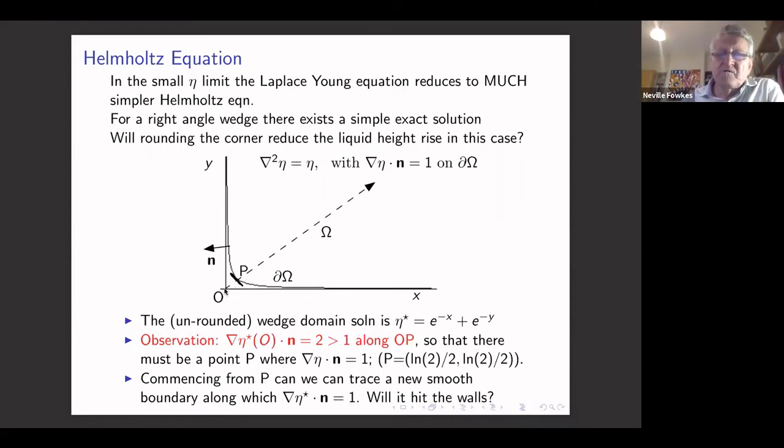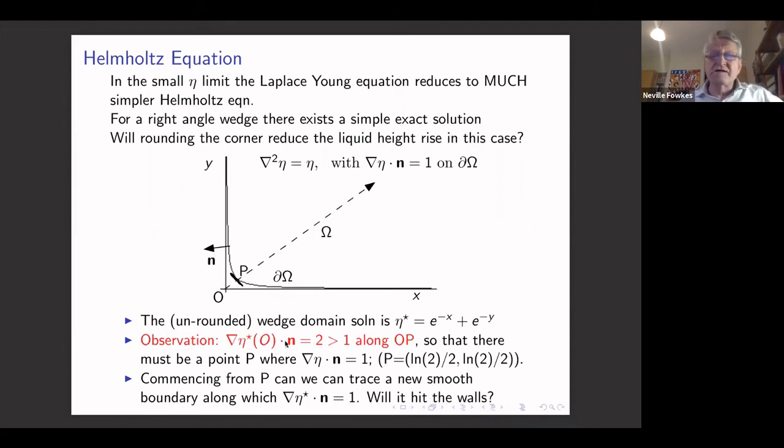We made the following critical observation. Remember the directional derivative perpendicular to these walls has to be 1. Now, if you look at the corner at x equal to 0, the rate of change of eta along this 45-degree angle is quite large; the slope is very much larger than 1, it's 2.